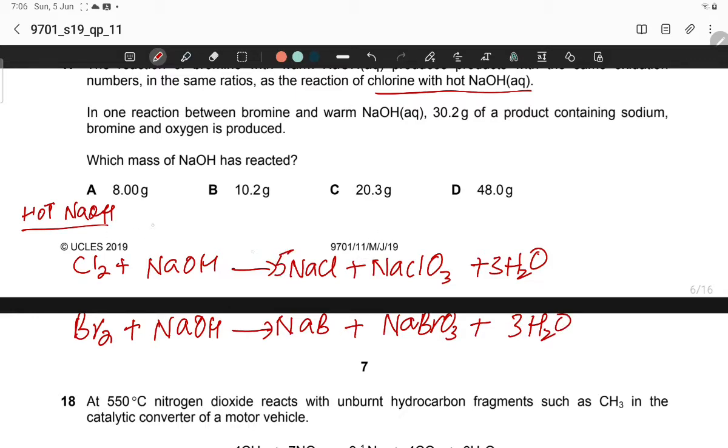After balancing we have 5, 6 NaBr. So this is 30.2 gram sodium bromate.